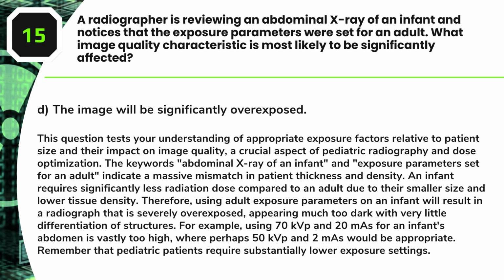Therefore, using adult exposure parameters on an infant will result in a radiograph that is severely overexposed, appearing much too dark with very little differentiation of structures. For example, using 70 kVp and 20 mAs for an infant's abdomen is vastly too high, where perhaps 50 kVp and 2 mAs would be appropriate. Remember that pediatric patients require substantially lower exposure settings.